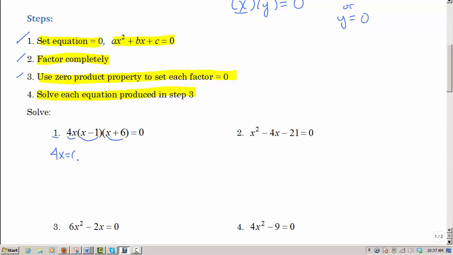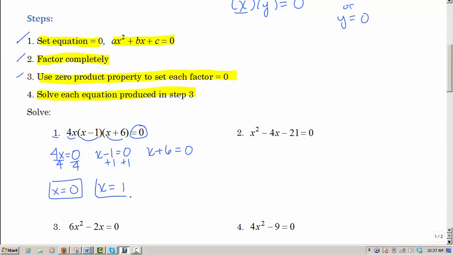Let's set them each equal to 0 because all 3 of these are multiplied together to equal 0. So one, both, or all 3 have to equal 0. So how do I solve? I divide by 4. So this is almost a review of lesson number 1. I'm going to add 1 to both sides. I'm going to subtract 6.